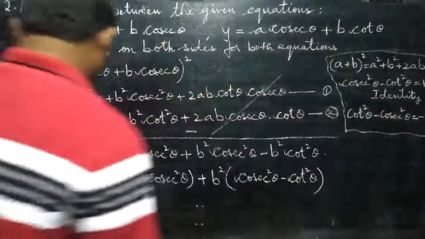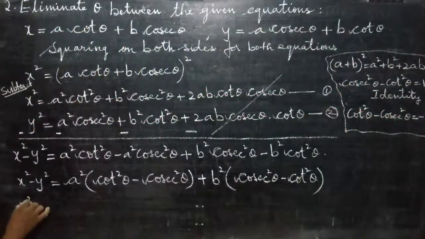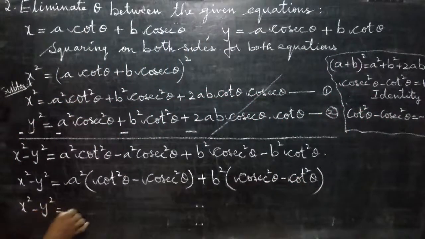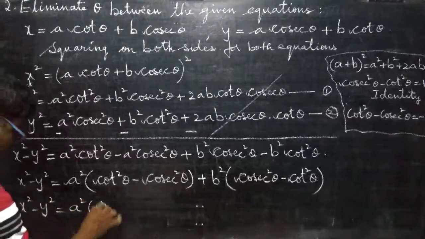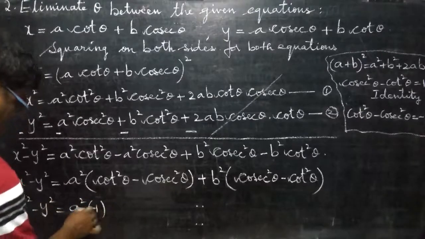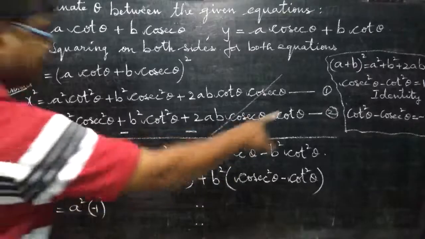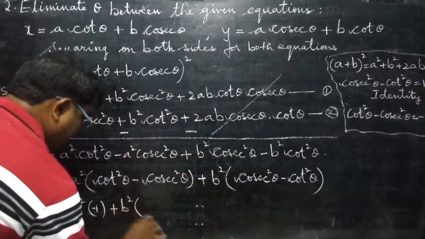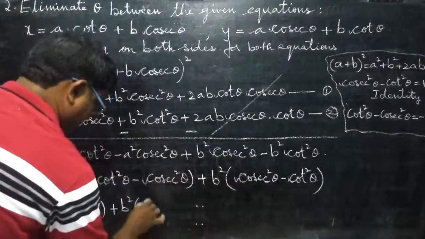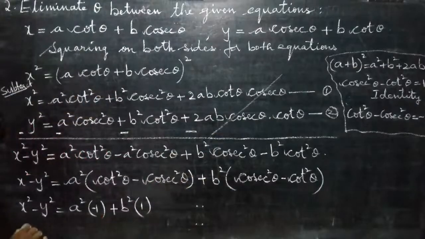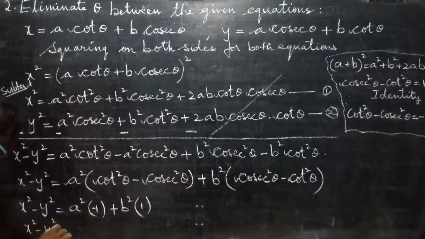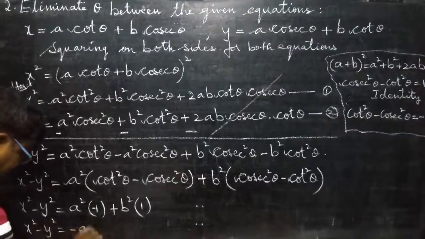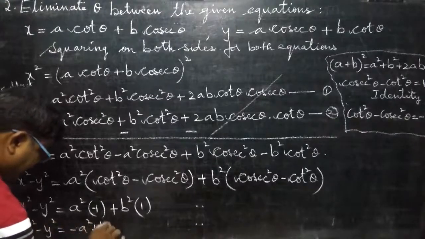Now x square minus y square is equal to a square into minus 1, because cot square minus cosec square theta is equal to minus 1, plus b square into 1, because this is the identity. So x square minus y square is equal to minus a square plus b square.